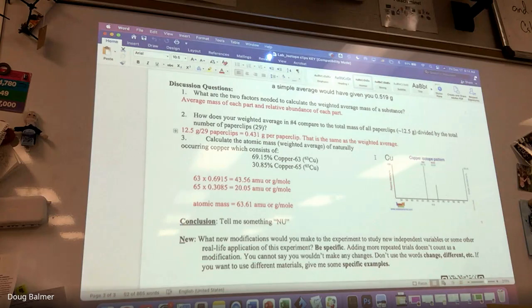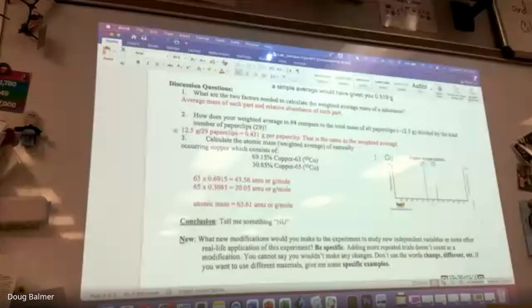Looking at it now, I understand. Yeah. What are those percents? These percents are out of all the copper isotopes, like out of all, like a penny, you have a penny, it's made of copper. 69% of those copper atoms weigh 63. 30% of those copper atoms weigh 65.